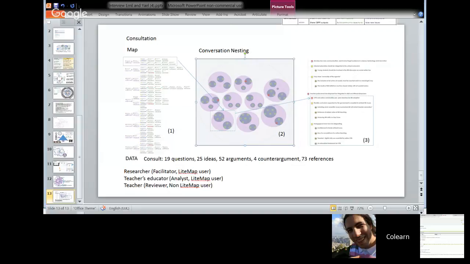How do I get eventually to an end point and say, oh, okay, this is what we should do in order to close the gap between formal and informal practices in schools? You understand?